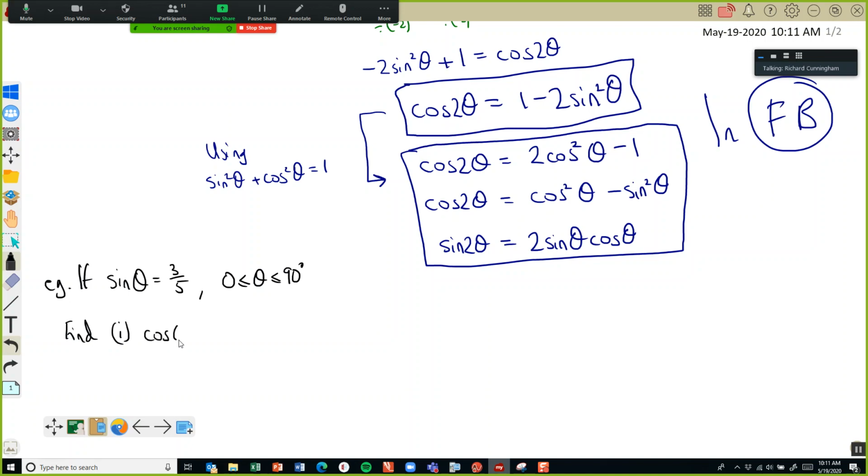I want you to try and find cos theta, sine of 2 theta, cos of 2 theta, and tan of 2 theta. Using these results in some way, I want you to find these answers, okay?